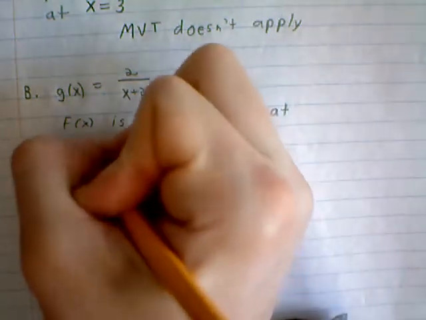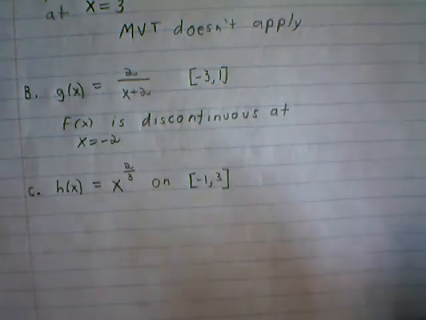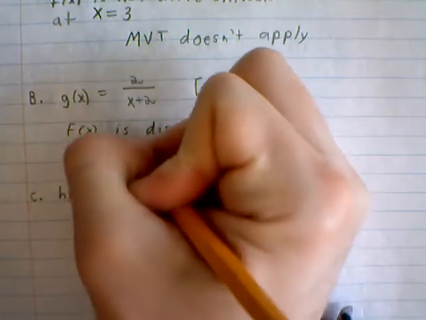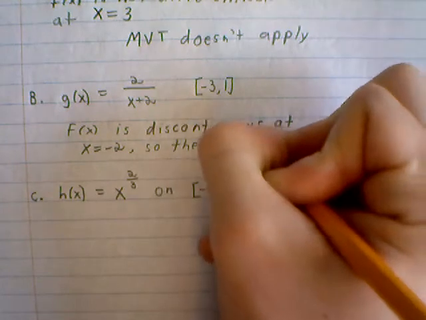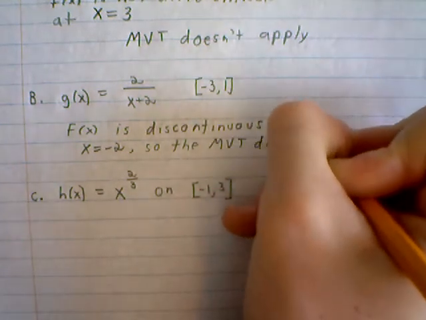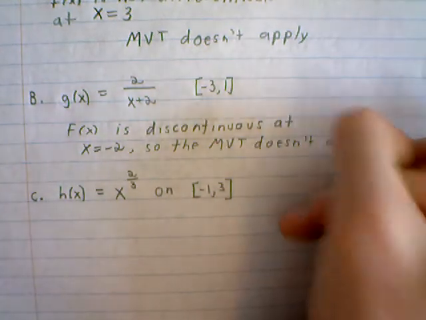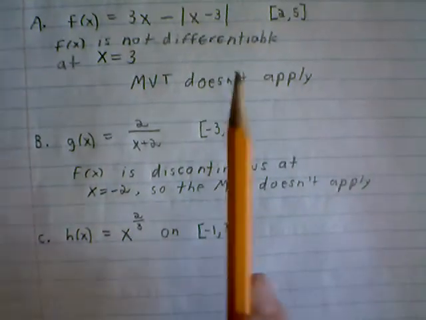Because it's discontinuous, the MVT doesn't apply. There's only two things that have to happen: it's got to be continuous and differentiable. If one of them doesn't apply, the MVT doesn't apply.